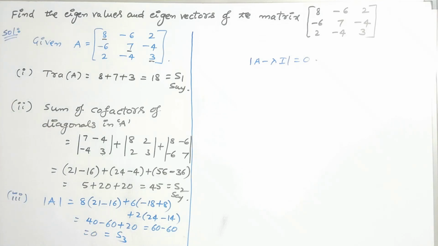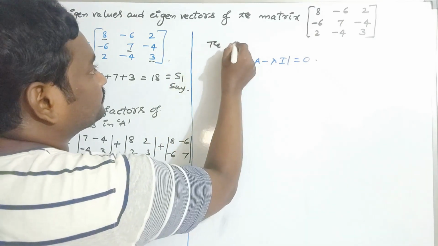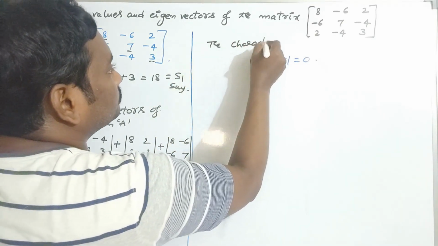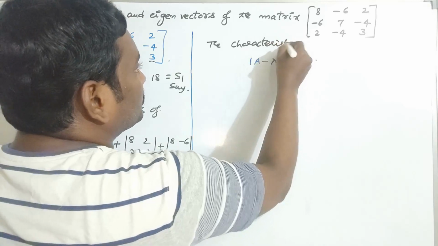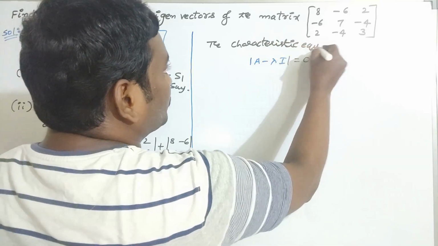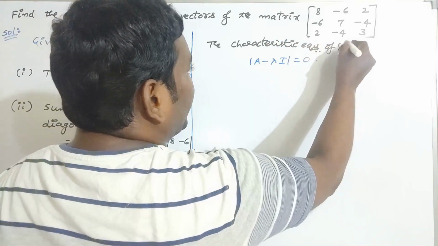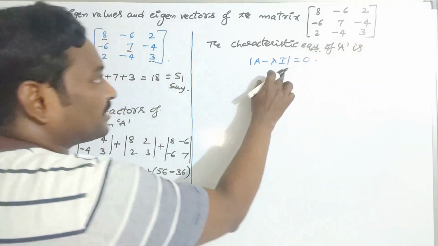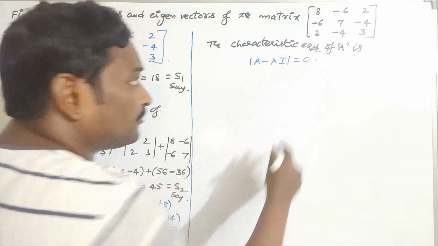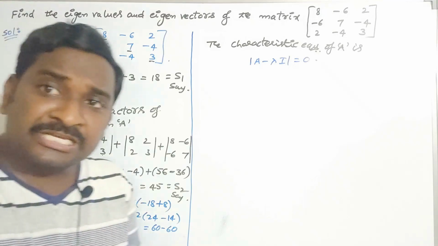Now write the formula for characteristic equation. The characteristic equation of A is determinant of A minus lambda I is equal to 0. If you have the interest, you can write the characteristic matrix also.